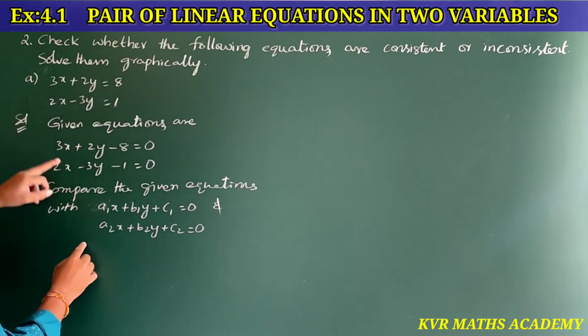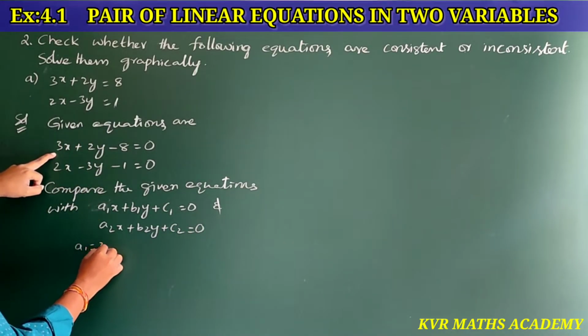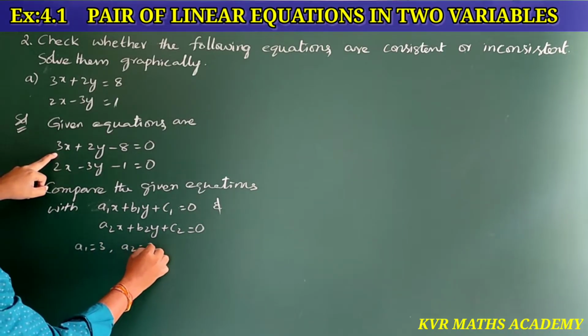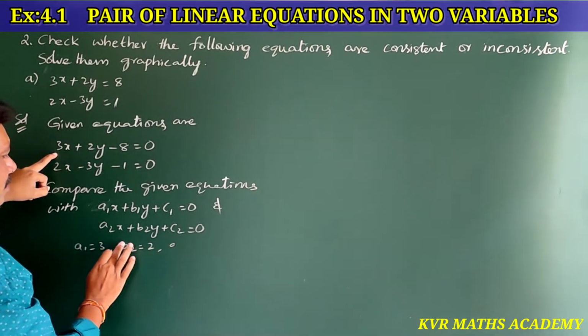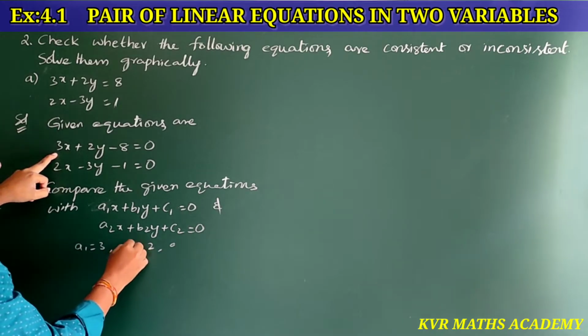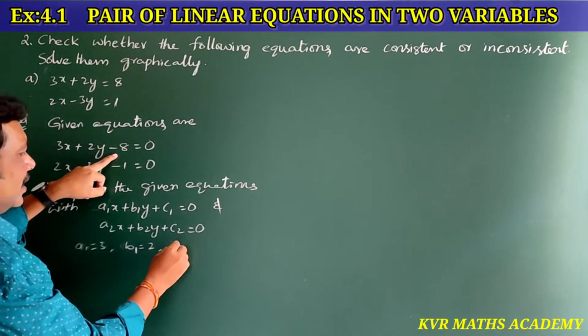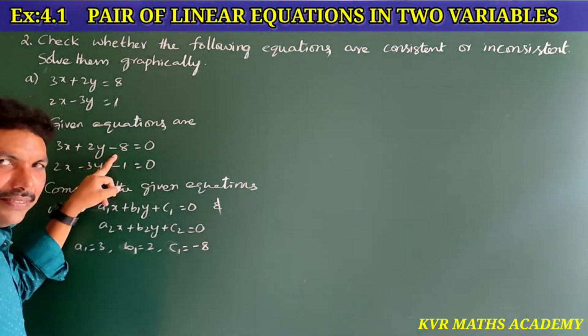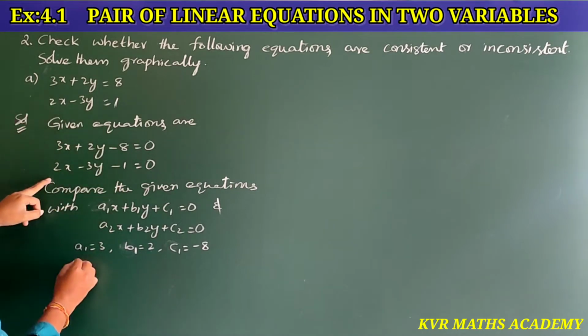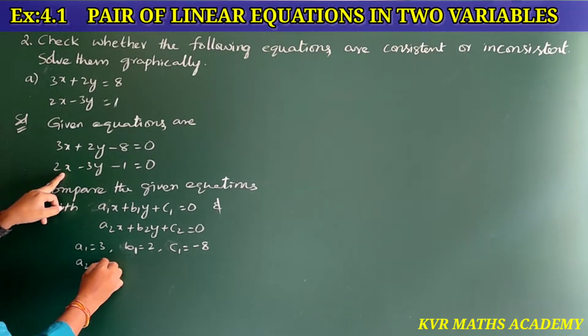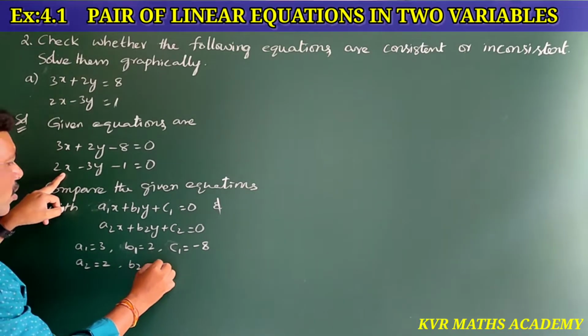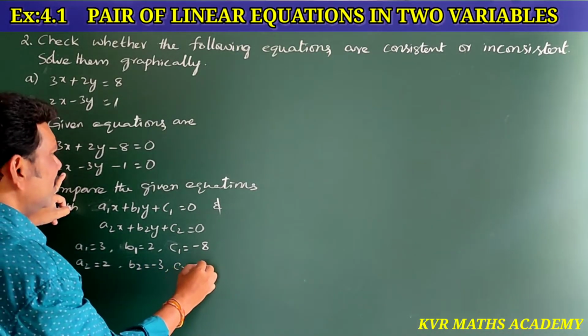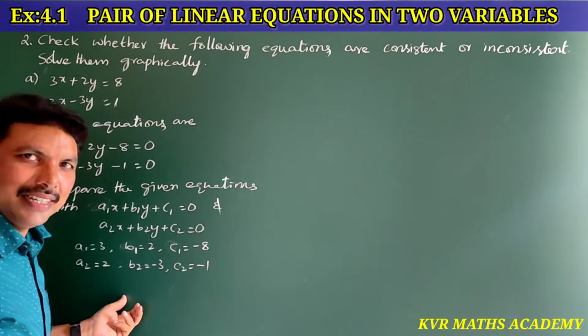Now a1 is equal to 3, b1 is equal to 2 and c1 is equal to minus 8, right? In the same way, a2 is equal to 2, b2 is equal to minus 3 and c2 is equal to minus 1, isn't it?